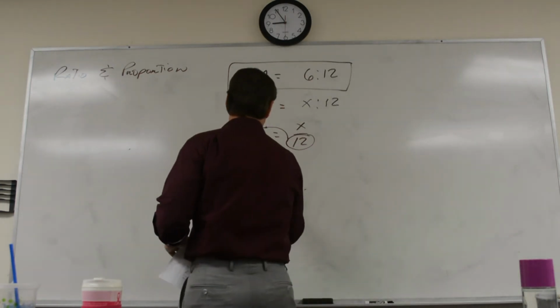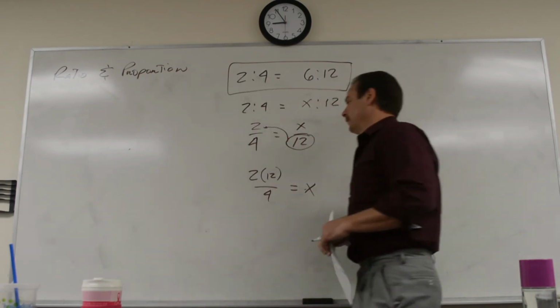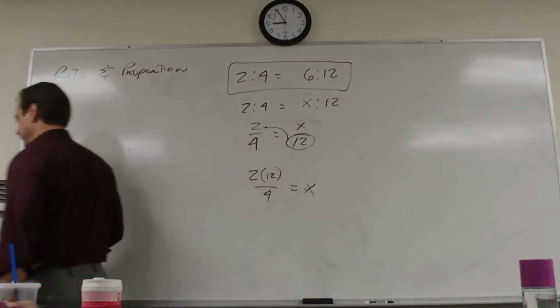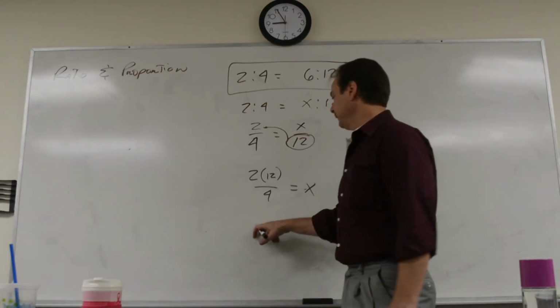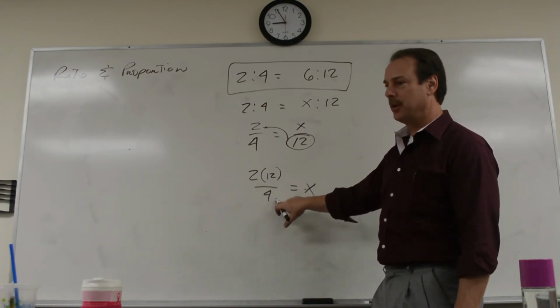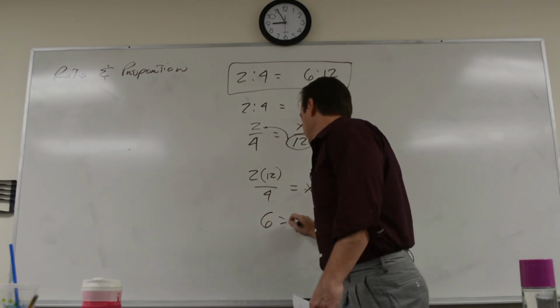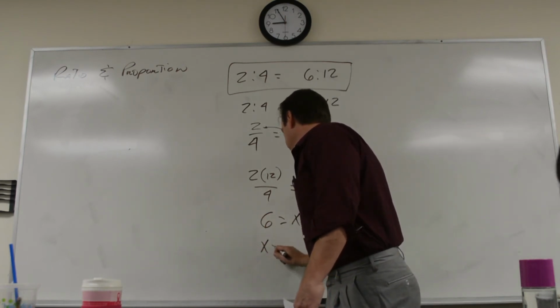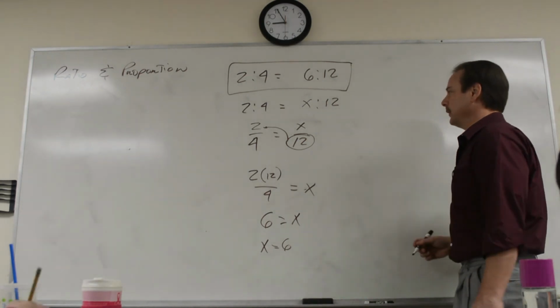So it should be 2 times 12 over 4 equals x. Is what you put on top. All right, we're going to solve for x now, right? Okay. 2 times 12 is 24. 24 divided by 4 is? 6. Oh, sorry. X equals 6.